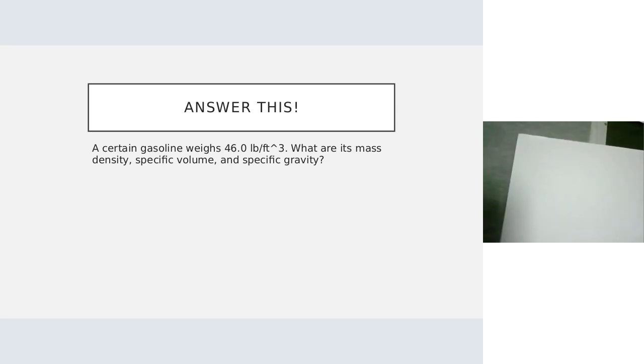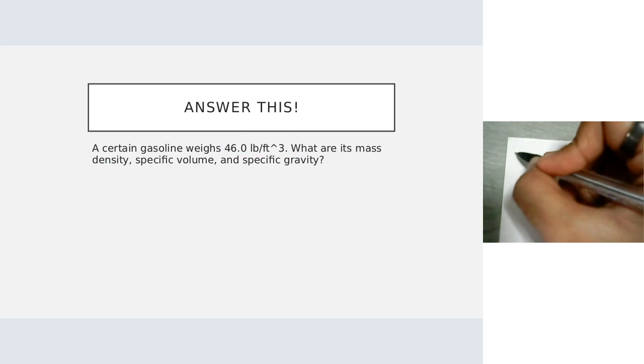Okay. So let us read first the problem. A certain gasoline weighs 46 pounds per cubic foot. What are its mass density, specific volume, and specific gravity?